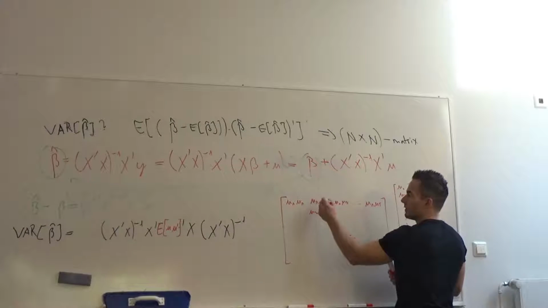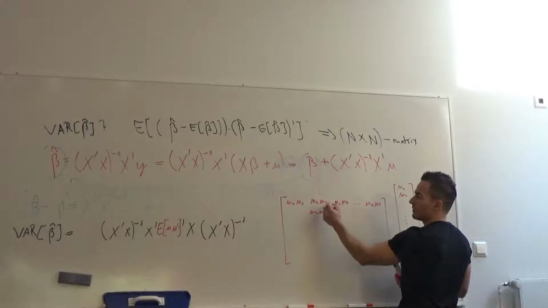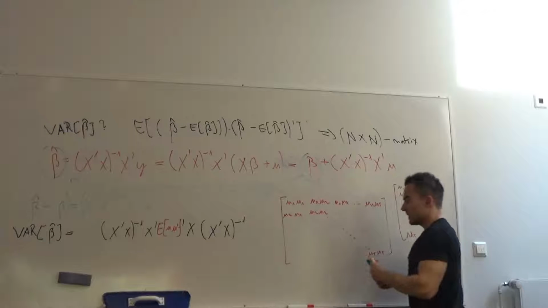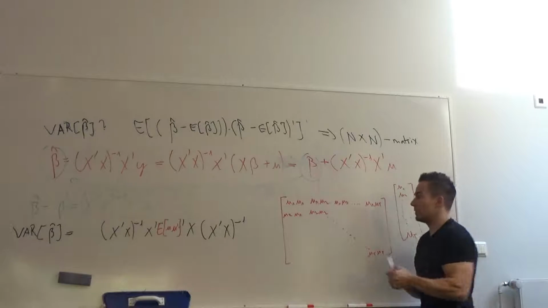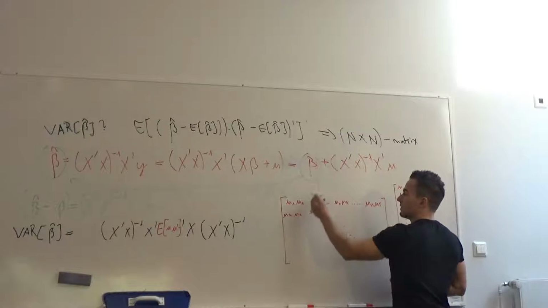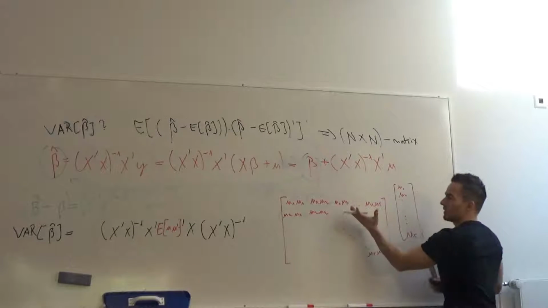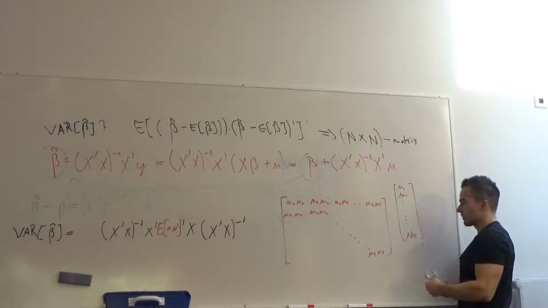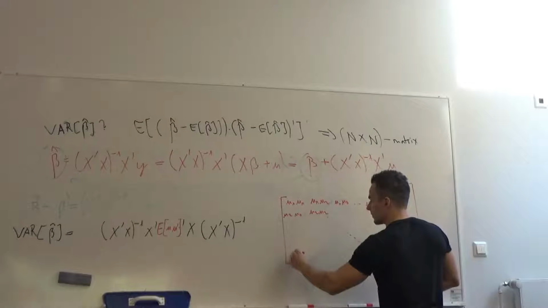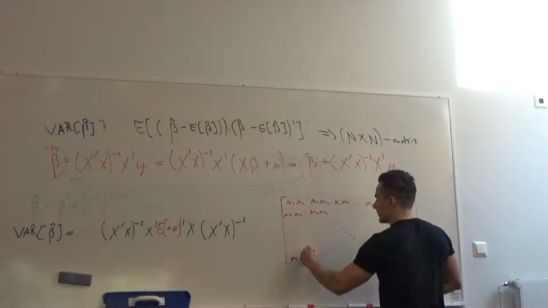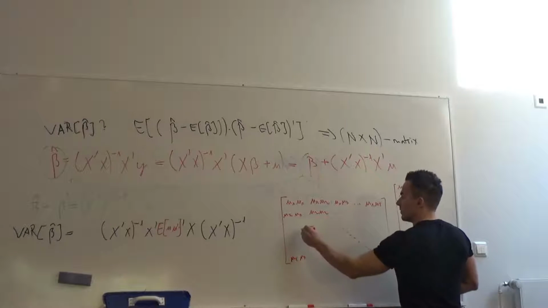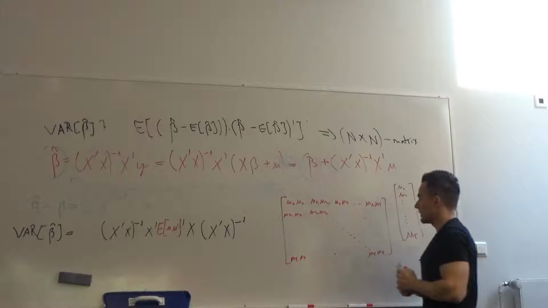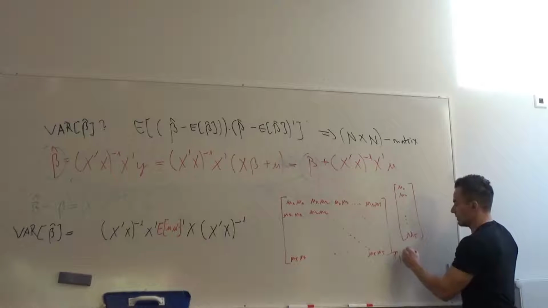So this element, u1 times u2, appears here as well, u2 times u1, and it's the same element. The order doesn't matter. Everything that we have above the main diagonal appears also below the main diagonal. These are the same elements. That's a typical property of the covariance matrix. It's a T by T matrix.